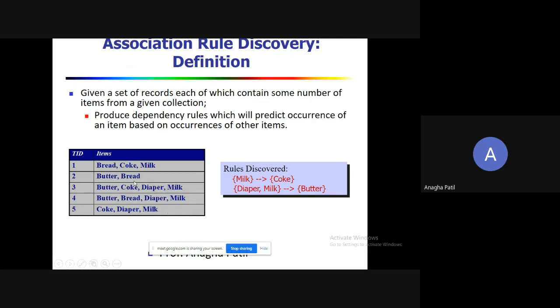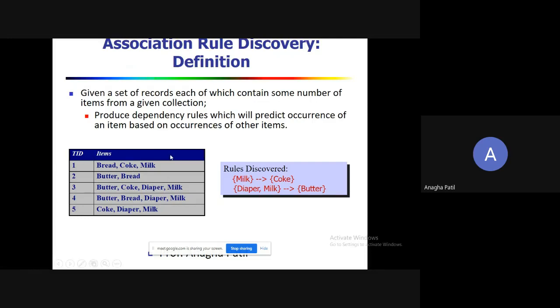Then butter 1, 2, 3, thrice again. And at the end diaper 1, 2 and 3. So we have seen that milk is the most frequent item, occurring in 4 transactions, and the rest of the items, that is bread, coke, butter and diaper, have a frequency of 3.